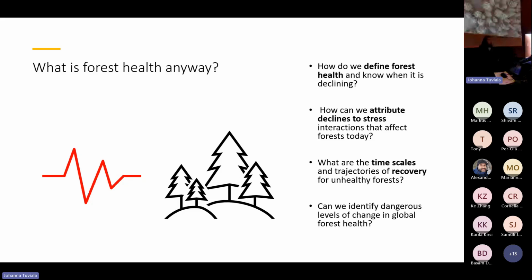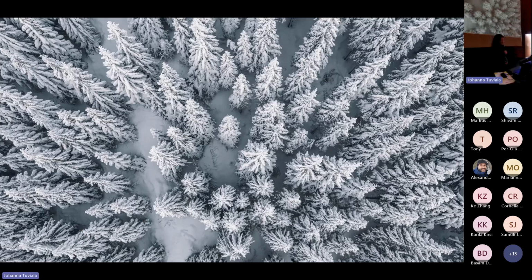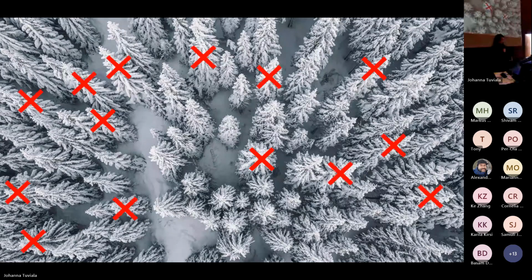Here's a forest that may or may not be healthy. If we take away 3 trees, they're dead. Is this forest still healthy? Is this okay? If this many trees die, is this unhealthy?